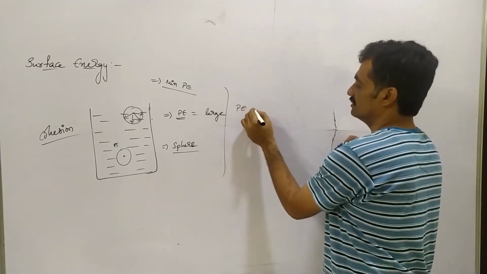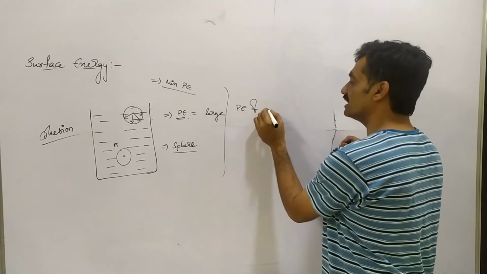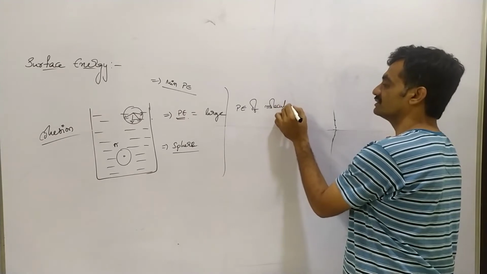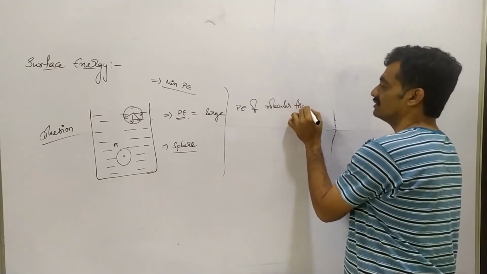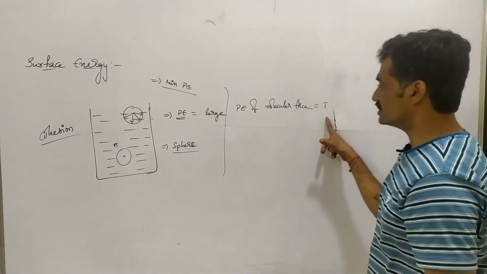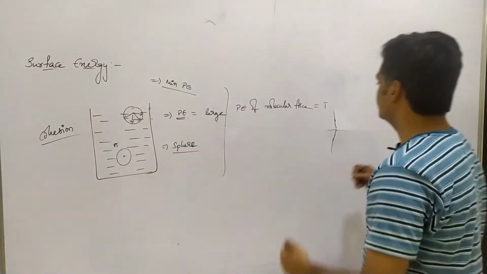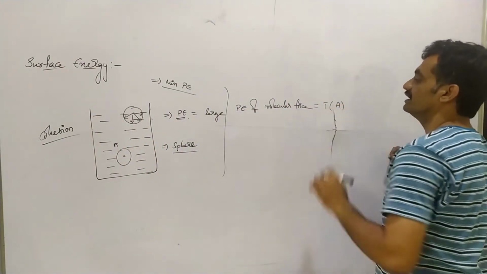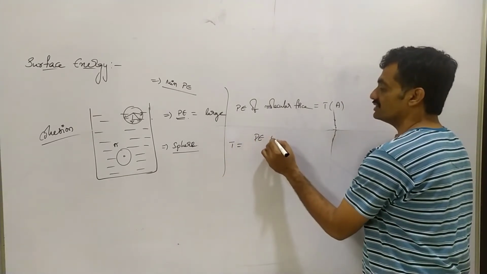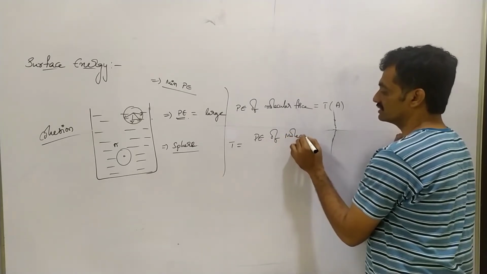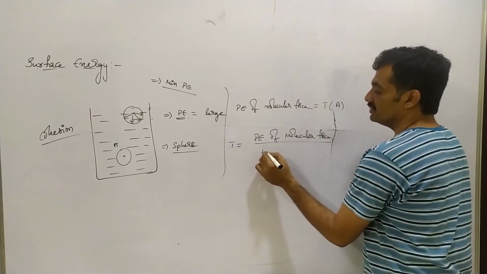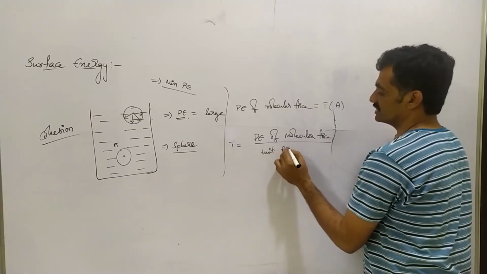of molecules, or we can also call it the potential energy of the molecular force. Potential energy of molecular force is equal to surface tension into area. From this we can represent the surface tension as the potential energy of the molecular force per unit area of cross section.